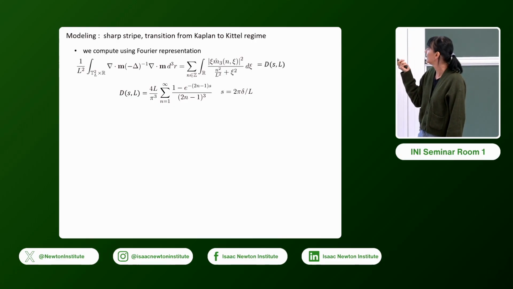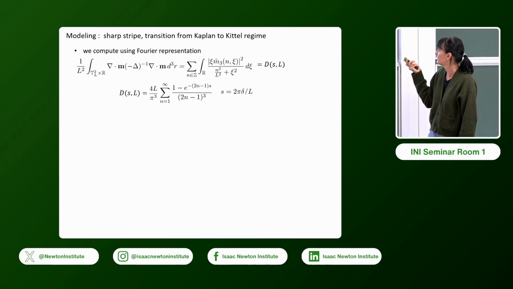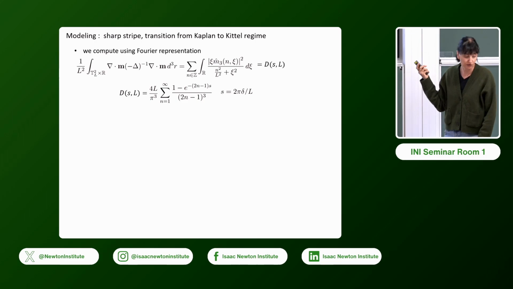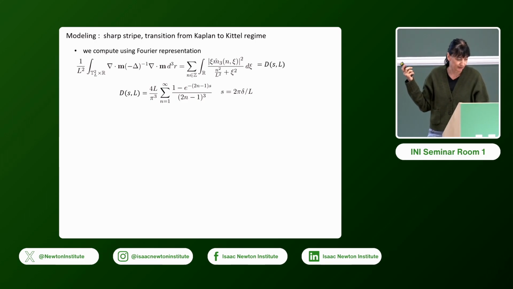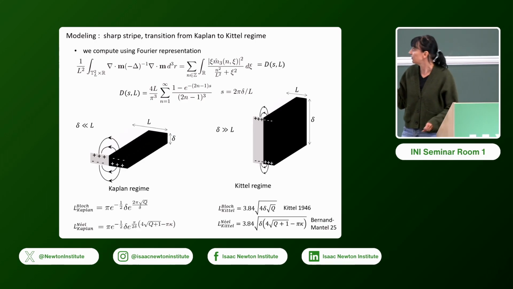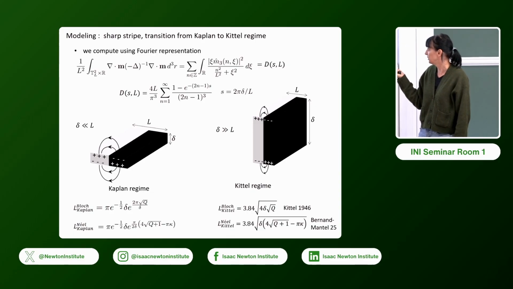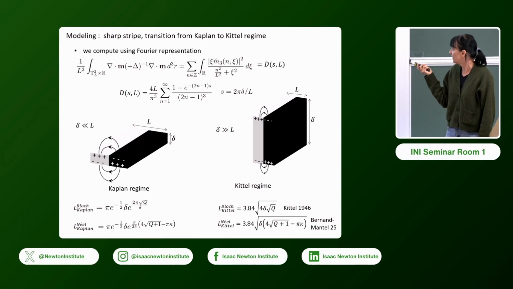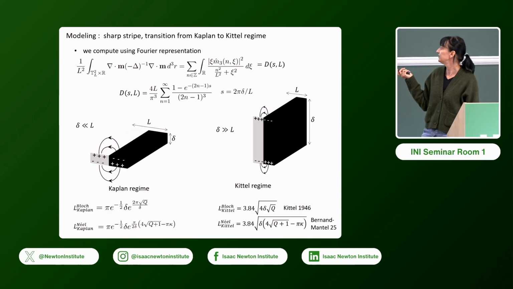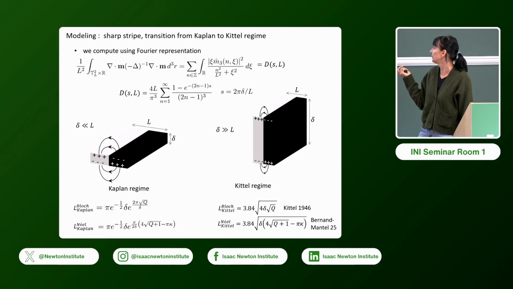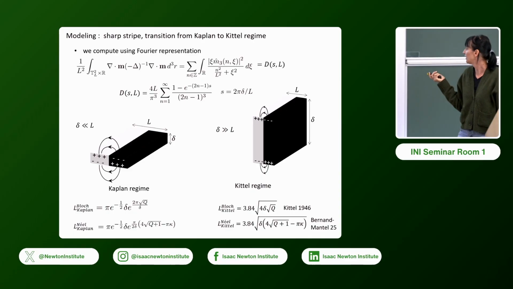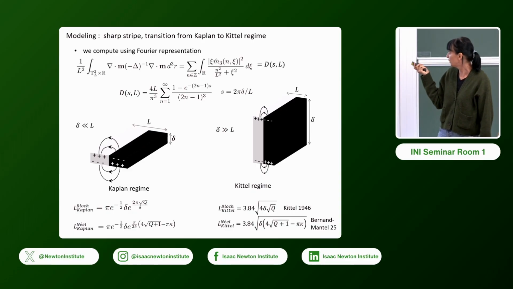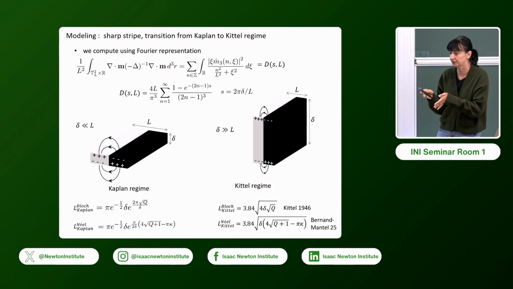So, coming back and showing a little more about the computation of the stray field. So we have to compute this sum, and in fact, I told you already about this regime in which we obtain these two formulas, but actually there is another regime which was already derived, which is actually the first theory of stripes, derived in 1946 by Kittel, and in this regime the thickness is much larger than the stripe width.